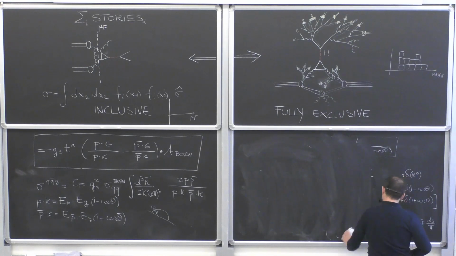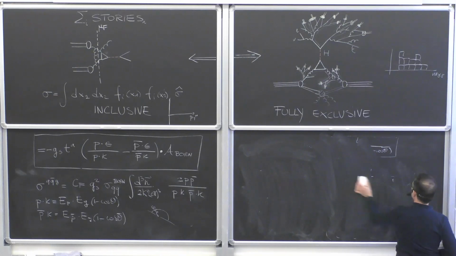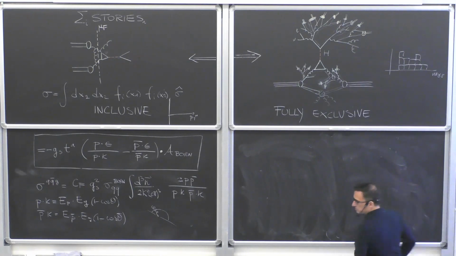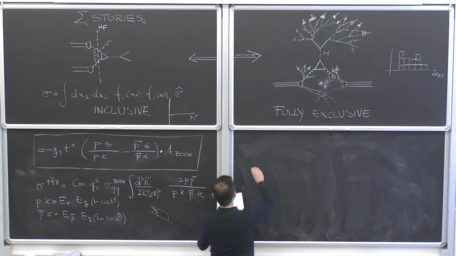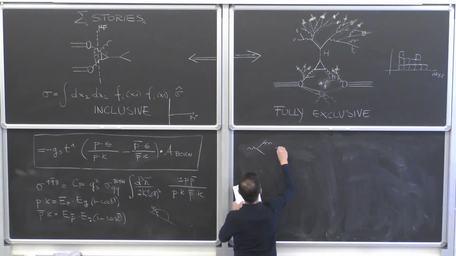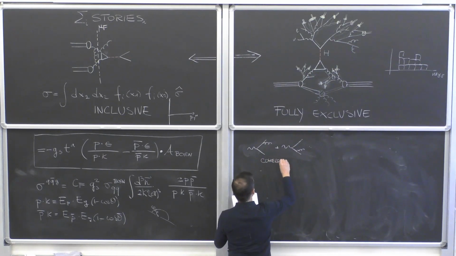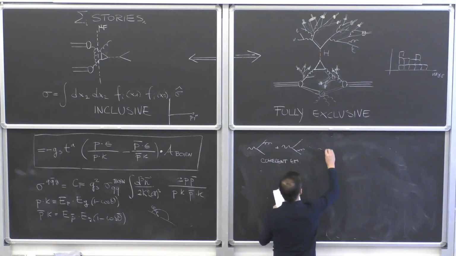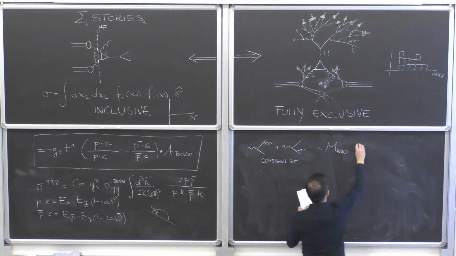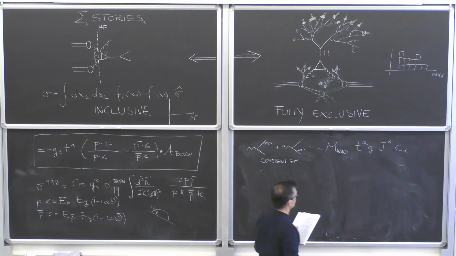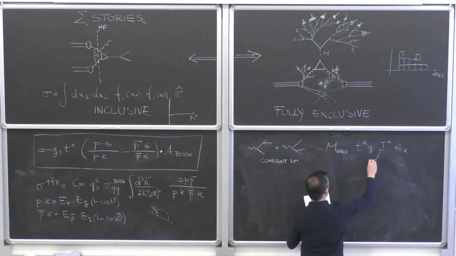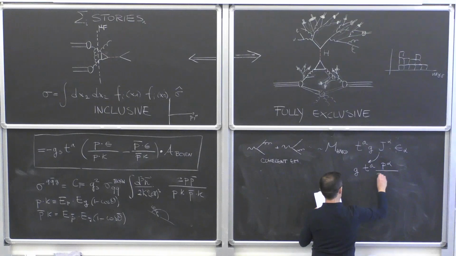So you can build a soft theory, where your Feynman rules say that this diagram here, which is a coherent emission, is M hard T^a g J^α ε_α, where J^α, we calculated, is one of the two pieces of the eikonal term.